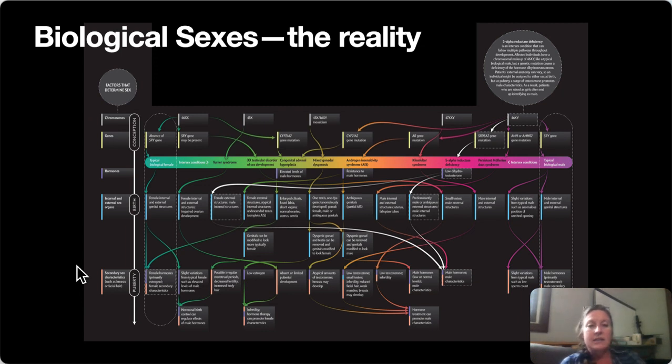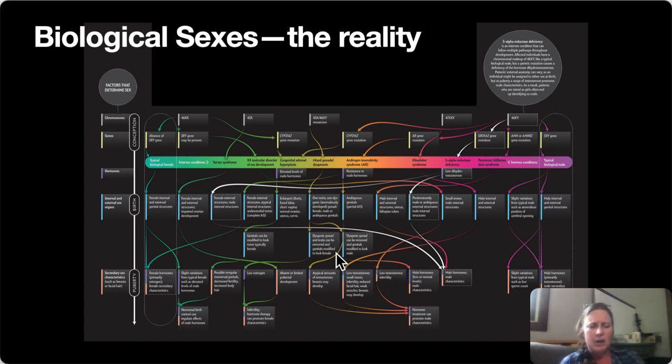So what that means is that instead of choosing male or female as the only options, this is a way of describing each individual's unique biological sex. So they can be here and then over here, or they can go down this line and connect over here. There are lots of options.